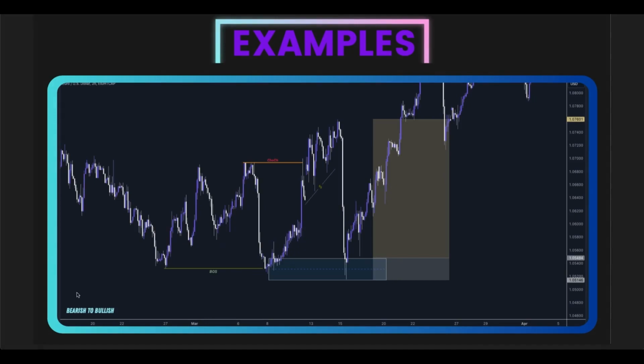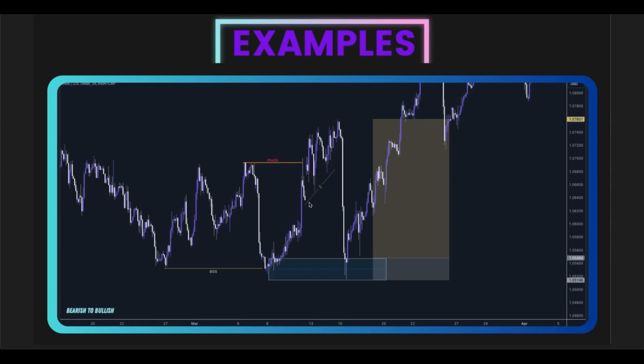Now we have one from bearish to bullish, right? So obviously this was bearish, right? From what you can see, price created a break of structure towards the downside, and then price finally starts moving up, causes a change of character. Some people use the wicks to determine it as a change of character. I don't. I rather use this candle body right here, right?